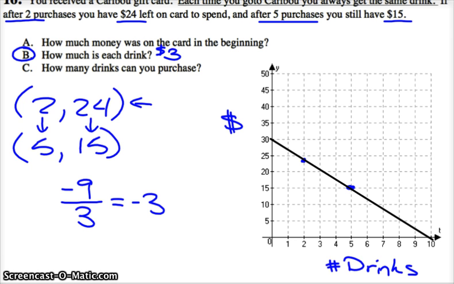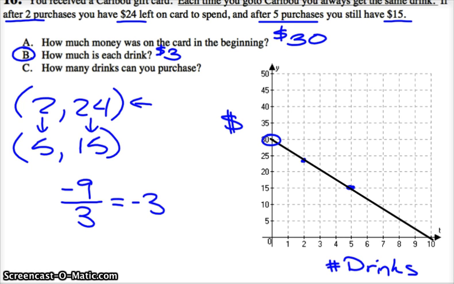So we'll do 24 plus 6, which would be 30. And notice from our graph that our y-intercept is right at 30, because when we have 0 drinks bought, when that card's brand new, we're up here at 30. So our y-intercept is $30, and that is the money on the card in the beginning.